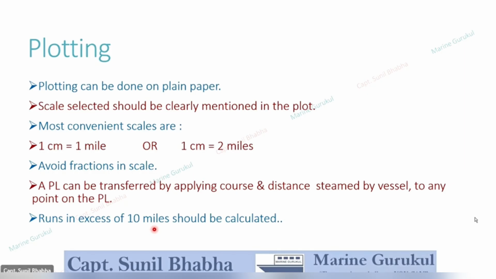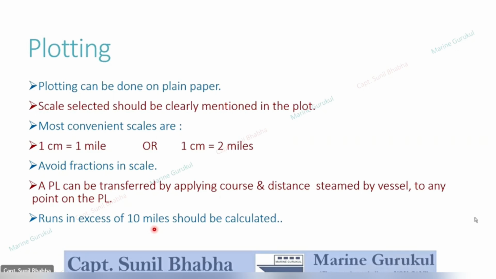As the scale becomes bigger and bigger, the errors in the plot get enhanced. If you have a scale of 1:10, then 1 centimeter is getting converted into 10 nautical miles. That means 1 millimeter on your plot is representing 1 nautical mile.